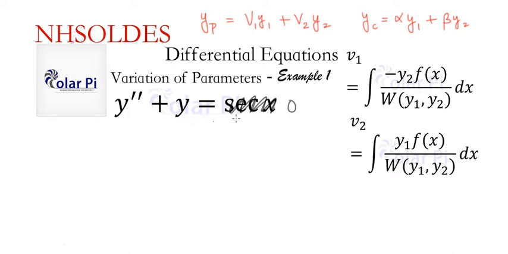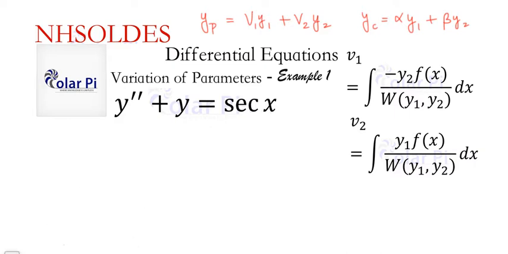And so y1 and y2 are the solutions to the homogeneous equation. In the method of variation of parameters, it is required that you have already figured out what y1 and y2 will be, because we're going to construct the particular solution using y1 and y2. All right, cool.